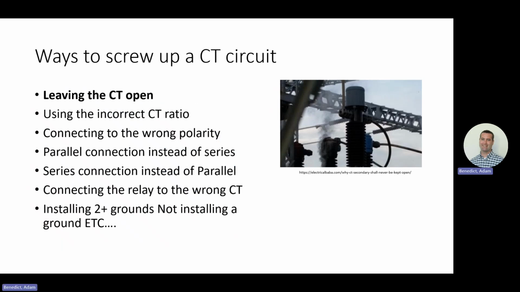Ways to screw up a CT: leave the CT open. That is so bad. Don't do that. And that can happen a number of ways. I was viewing a set of prints, and they left off one of the CTs in their design.